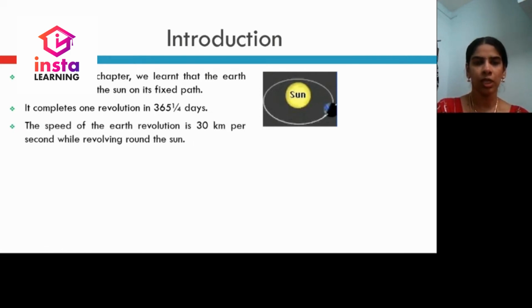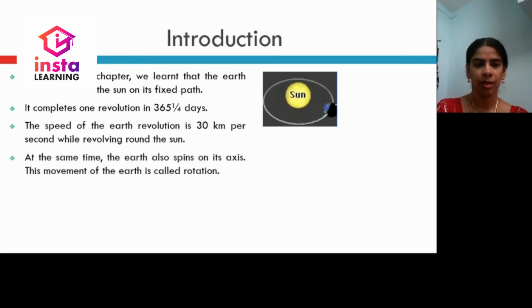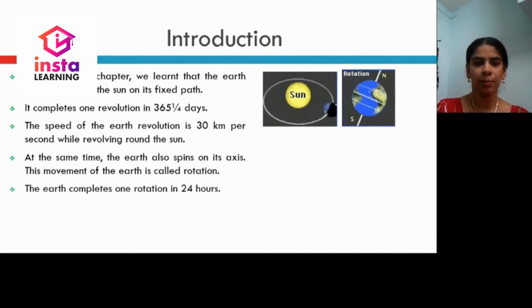The speed of the earth's revolution is 30 km per second while revolving around the sun. At the same time, the earth also spins on its axis. This movement of the earth is called rotation. The earth completes one rotation in 24 hours.